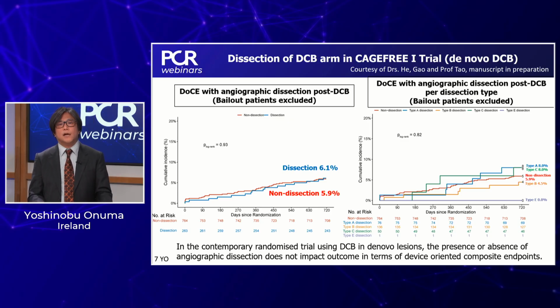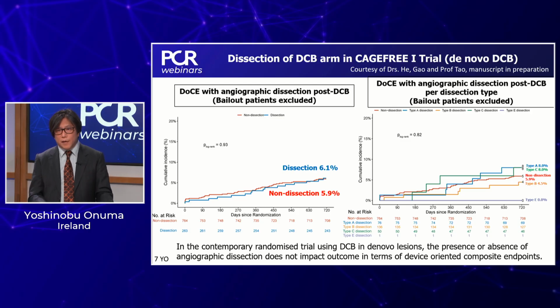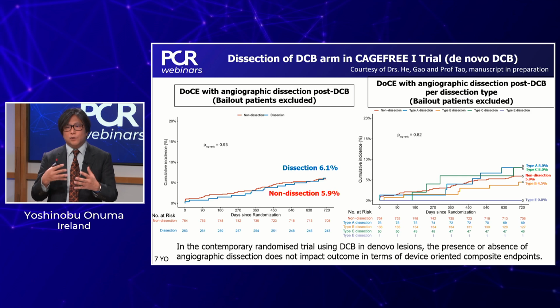Patients with a dissection had a device-oriented composite endpoint of 6.1%, while patients without dissection had 5.9% event rate at 2 years. And you can see in the right panel, depending on the type of the dissection, it doesn't matter too much for the differentiation of clinical outcomes.